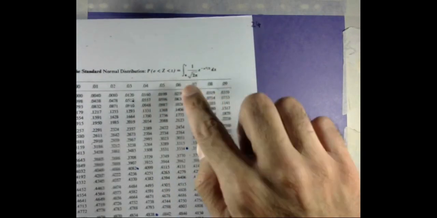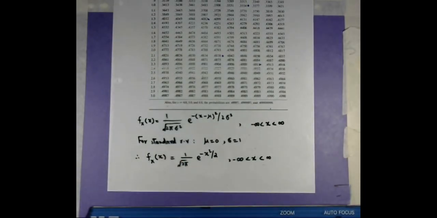So, the total probability from 0 to x for a standard normal distribution. Standard normal distribution would mean like this. For example, here, this is the expression for Gaussian distribution, normal distribution.